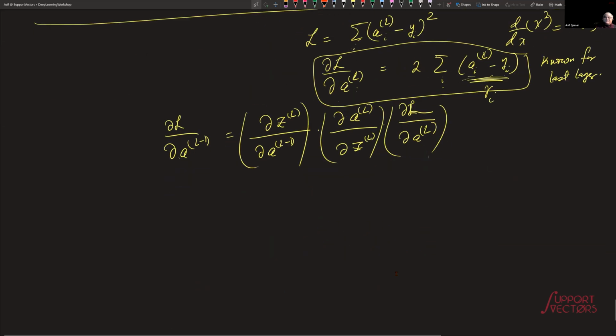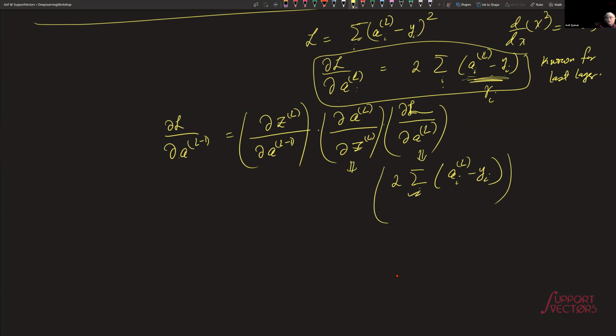So what was this? This just turned out to be 2 times the summation of A of the last layer minus yi, the actual value. What this turned out to be was A, like for sigmoid, A of the last layer times 1 minus A of the last layer. And what did this turn out to be?